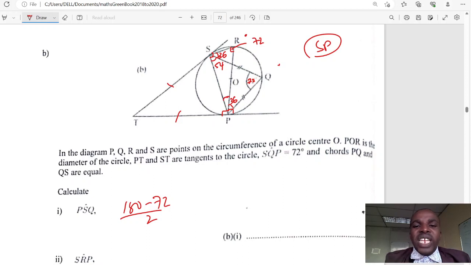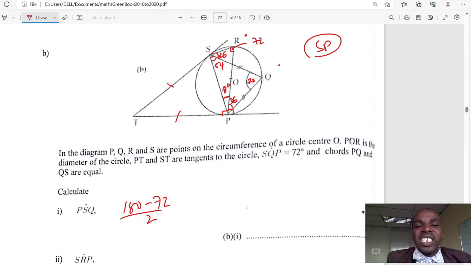This whole angle we said is 54, so it's 54 minus 36. PSQ is 54 degrees, the same as angle SPQ. But since angle QPR is 36, you can say 54 minus 36 is 18. So this small angle is 18 degrees.